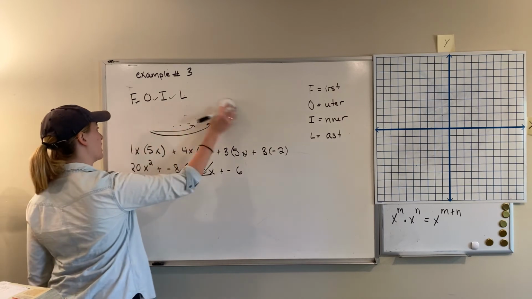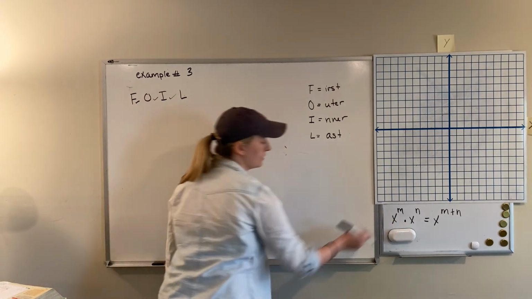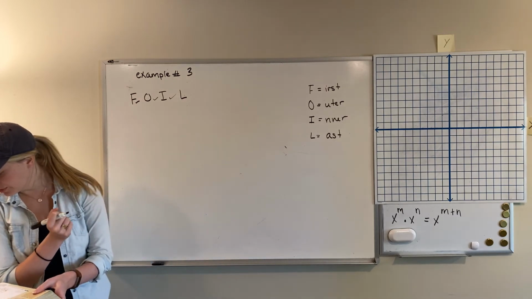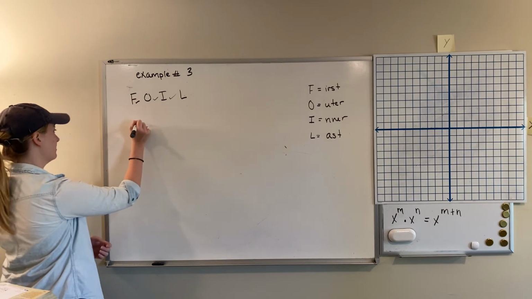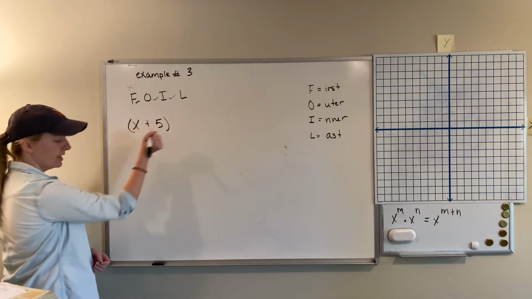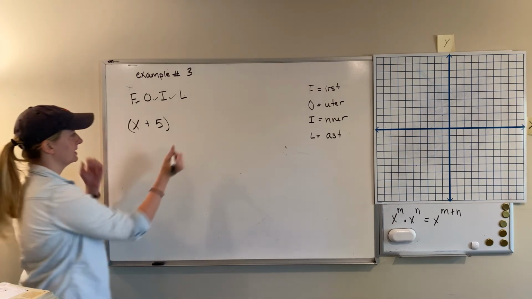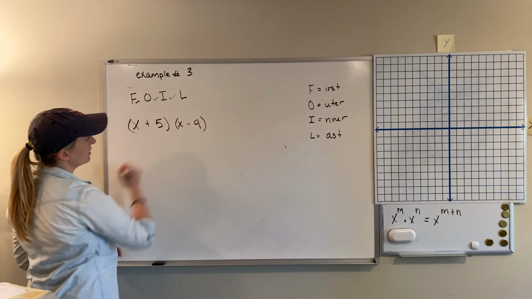We'll do one of your checkpoints. Let's look at checkpoint number 1, or I guess in this case 7. We have x plus 5 times x minus 9. And you can think of it in 2 ways.